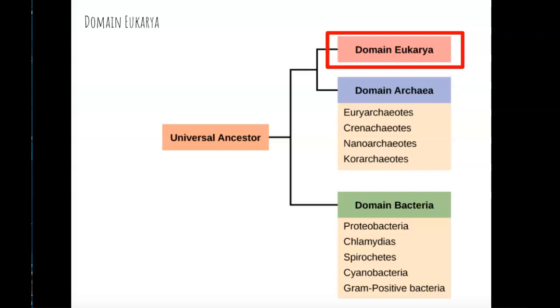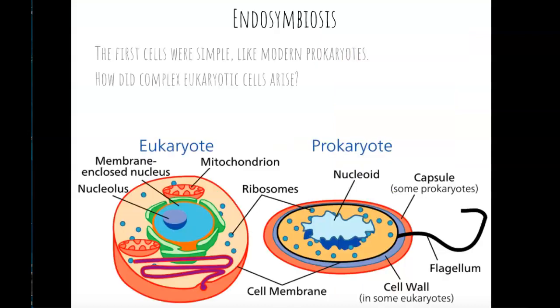This includes some single-celled organisms that are a little bit more complex in how they're built, as well as multicellular organisms. So the difference between a prokaryote and a eukaryote is essentially the complexity of the cell type in those organisms. You remember a prokaryote has a nucleoid instead of a complete nucleus with a membrane.